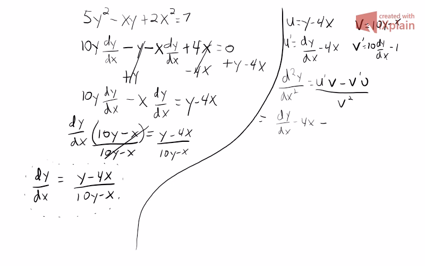Let's go back here, I messed that up. Okay, dy over dx minus 4x, that is my u prime. We need to multiply that by v. Okay, now minus v prime. Times u. All of that over v squared.